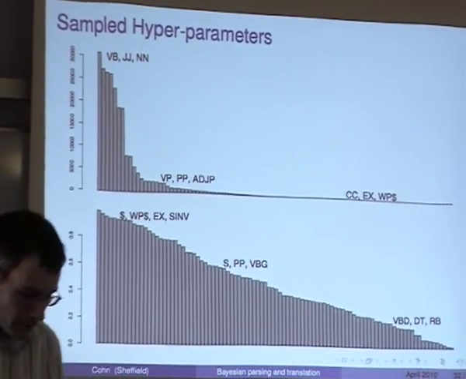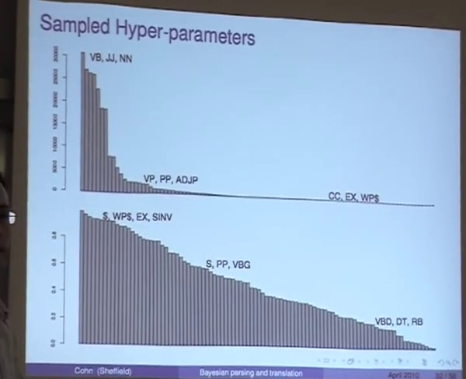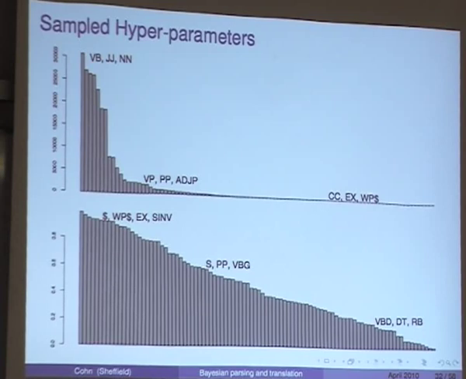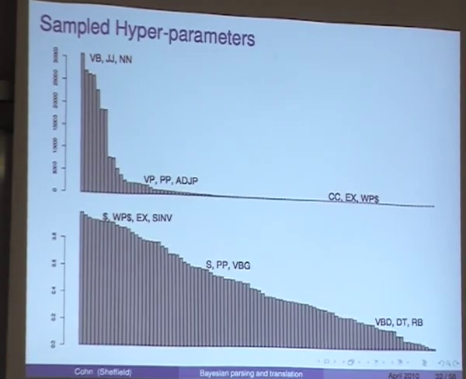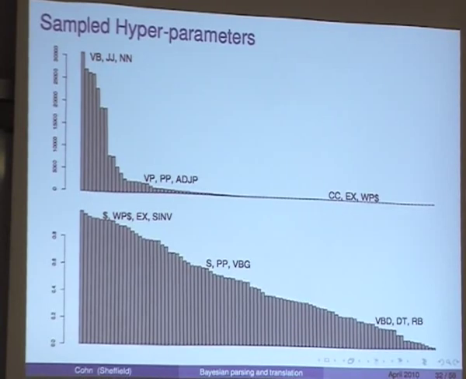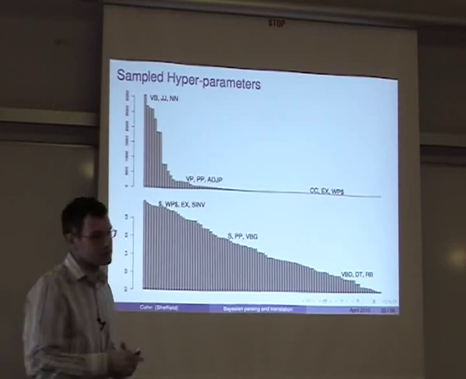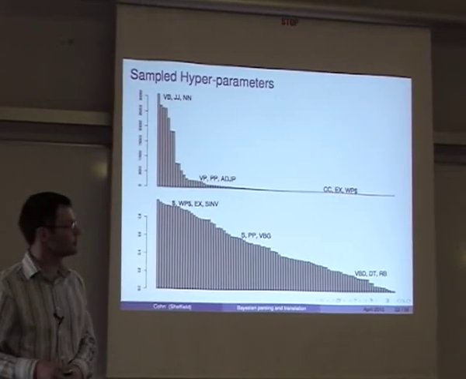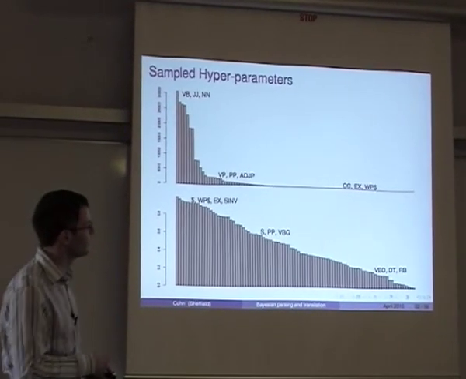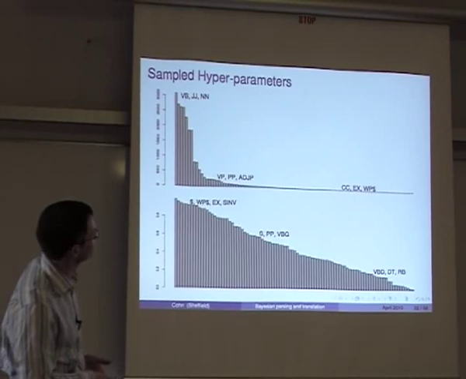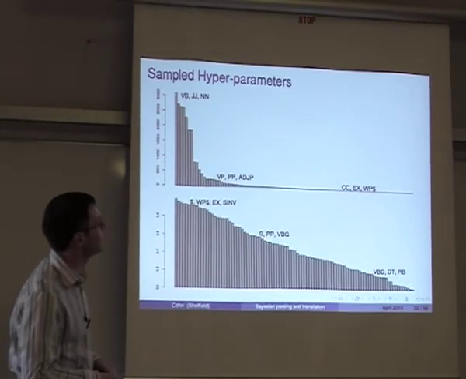Okay. Now, if we look at the hyperparameter values, this is another thing of interest. So recall that we had these alpha values and the beta values. So the alpha values were the sparsity. If we have a very small value, we end up with a very sparse distribution. If we have a large value, we end up with a broader distribution. I think I might have this in reverse, though.